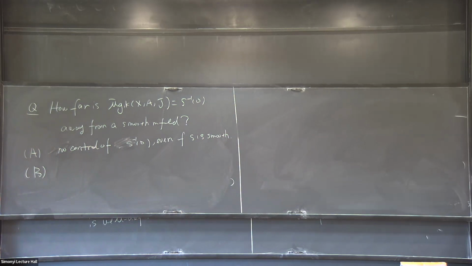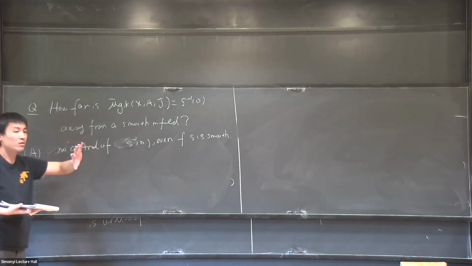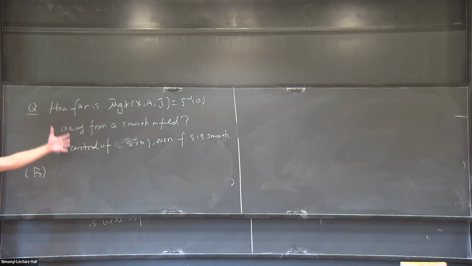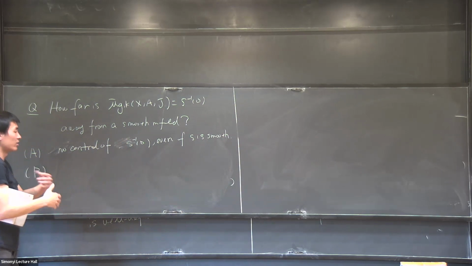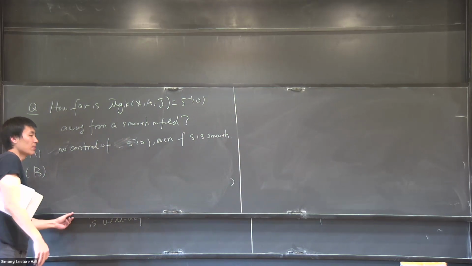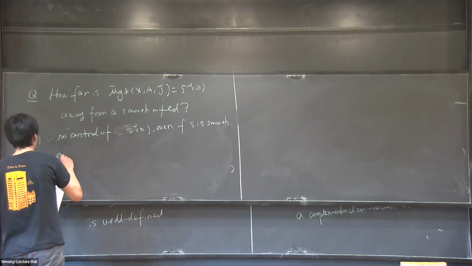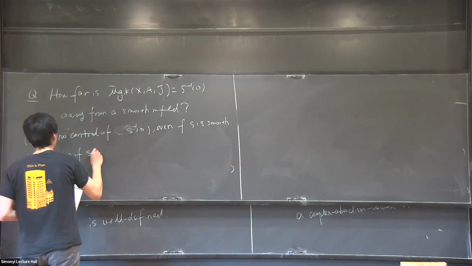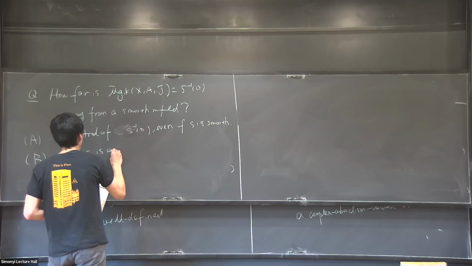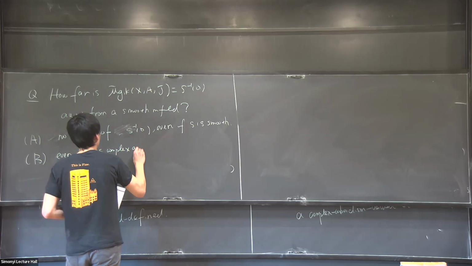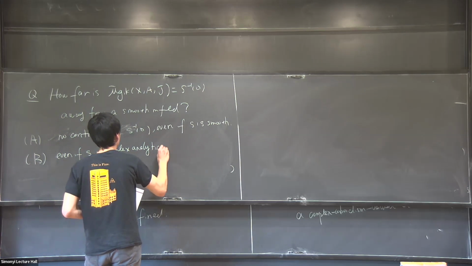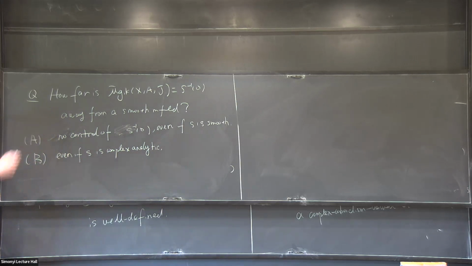And the second issue is, suppose that we're, for example, in the algebraic category, or maybe more generally the complex analytic category. We're lucky enough to make sure that S is complex analytic. There's still some issue, because as we've seen before, equivariant transversality can fail.